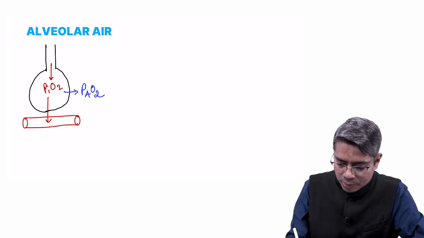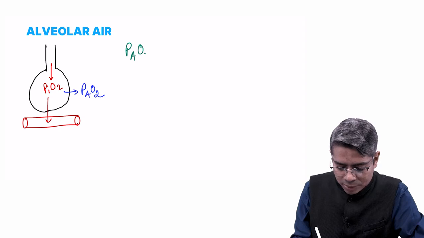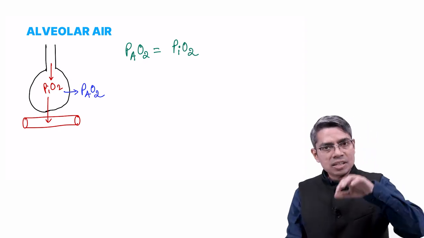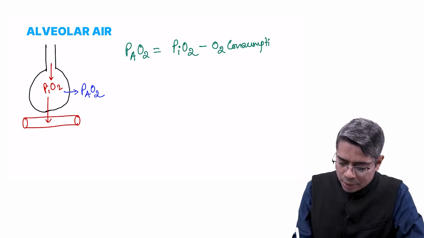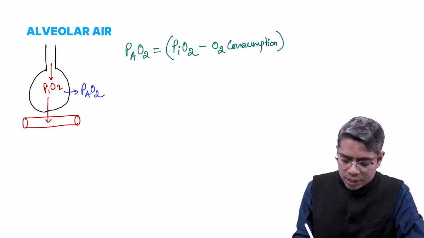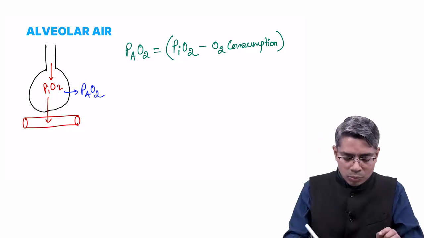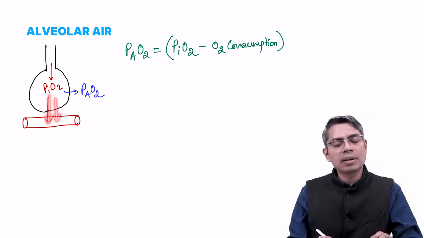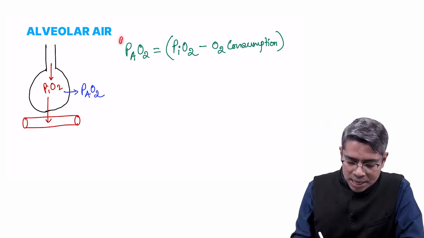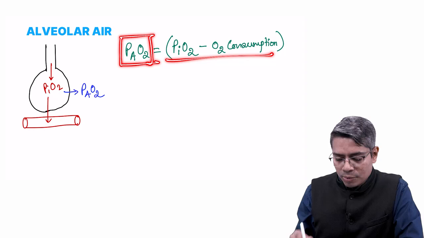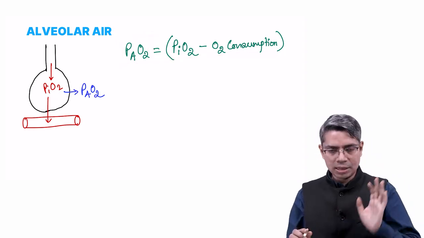I can write the formula like this: the partial pressure of oxygen at the level of alveoli will be equal to PiO2, whatever oxygen has reached the alveoli, minus the oxygen consumption or oxygen uptake at the level of capillary blood. Why am I writing oxygen consumption? Because I earlier told you that whatever amount of oxygen is diffused at the level of the lung is going to be consumed at the level of body tissue. So PAO2 will be calculated by this formula: PiO2 minus oxygen consumption.